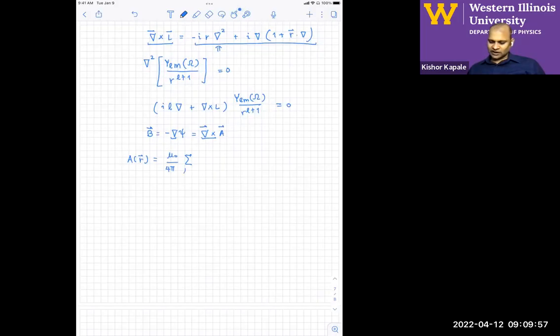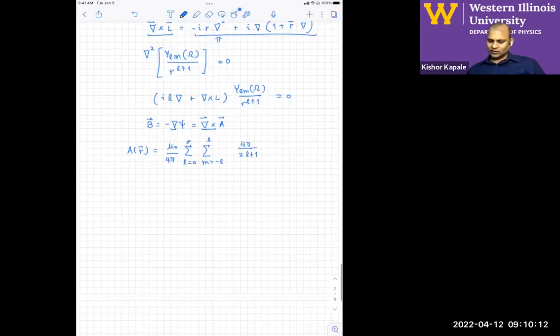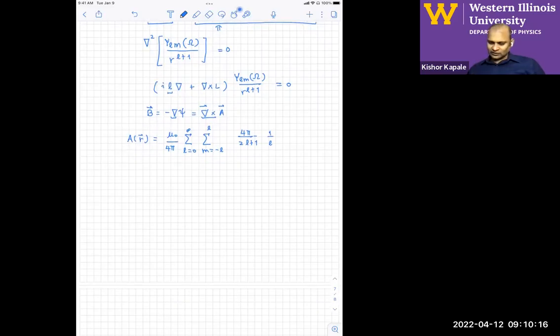The summations are the same, L equal to 0 to infinity, M equal to minus L to L. The coefficients are also common, 4 pi over 2L plus 1. Like we had earlier, 1 over L because of this L here.